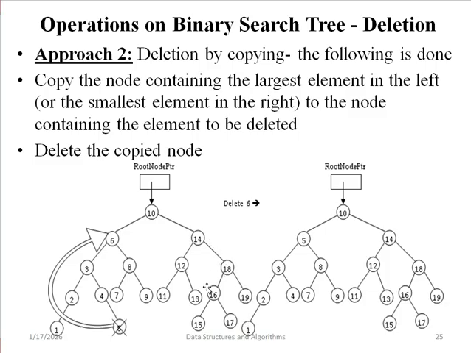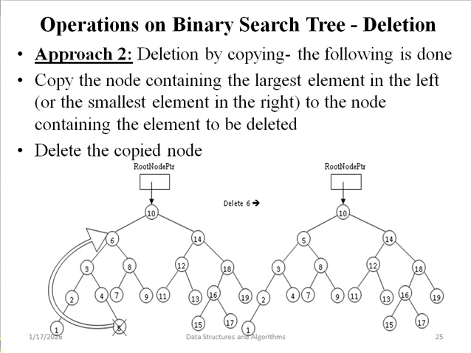Or from the right wing we can look for the smallest one. So we can copy 15 to 14, then we can remove the 15 node.